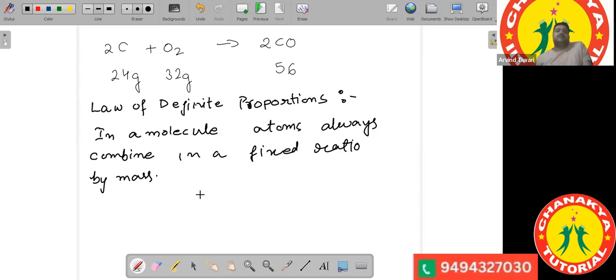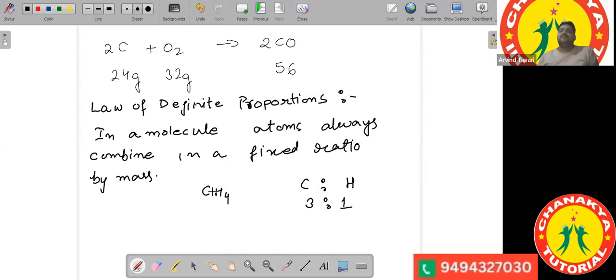For example, if you consider CH4, this is methane. Now, if you find the ratio of the mass of carbon to the mass of hydrogen in CH4, it will always be 3:1. How do we obtain this?